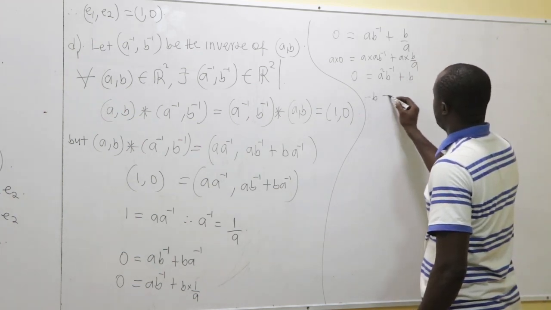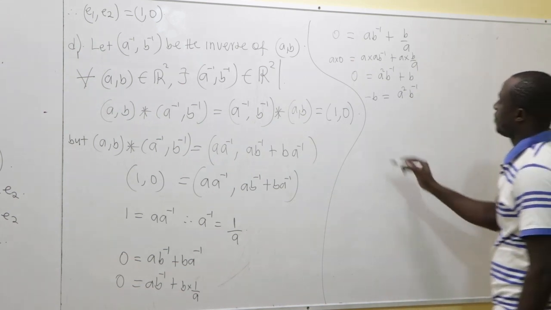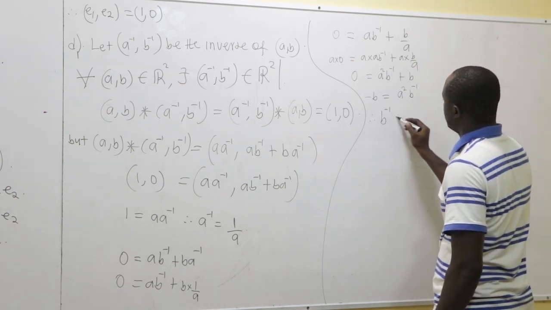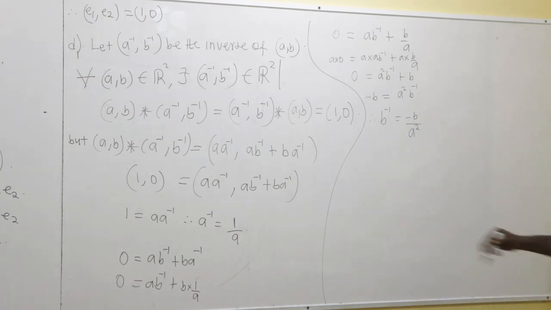So you have negative B equal to A squared B inverse. Therefore, B inverse is negative B all over A square.